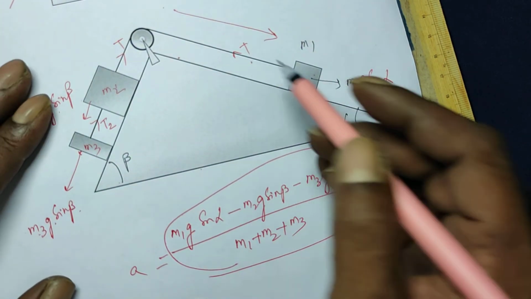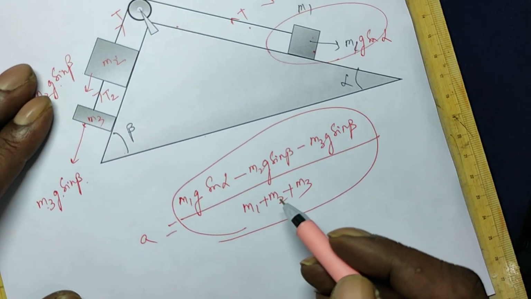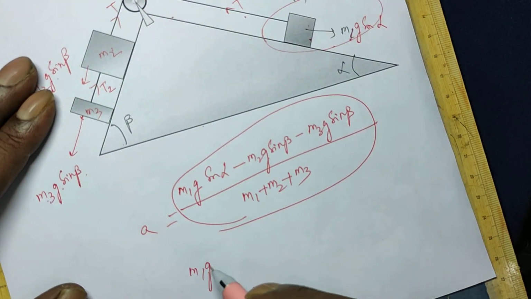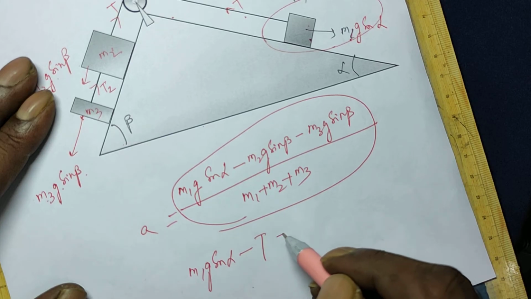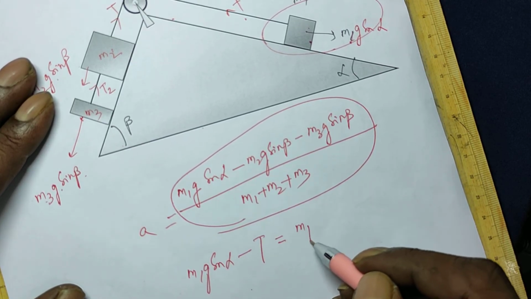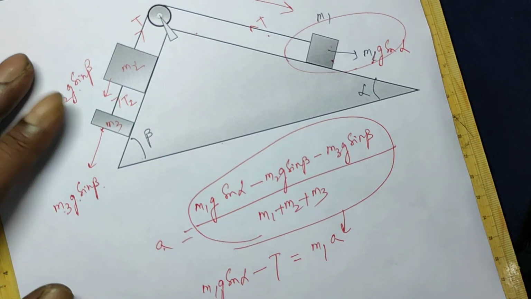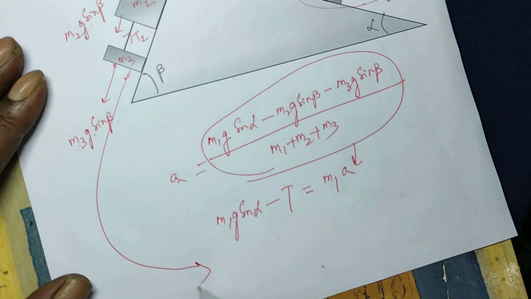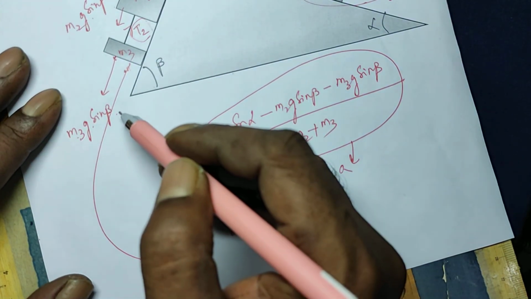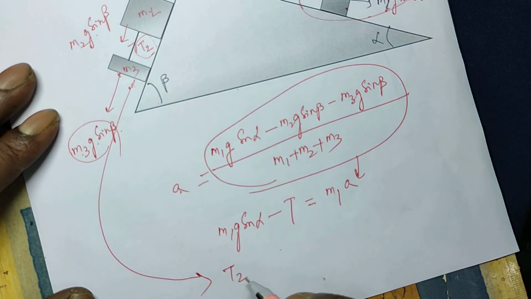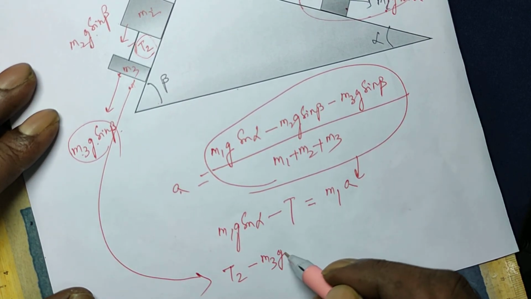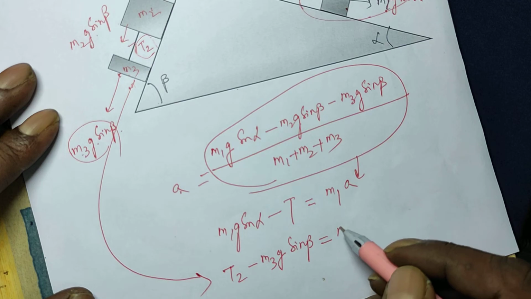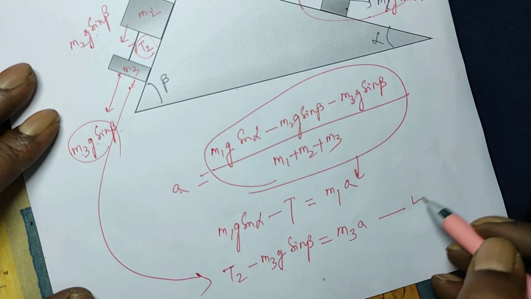Now to find the tension here, you have to use the equation for this. Supposing this is coming down, so you write m1g sine alpha minus T equals m1 times a, this a. Now for this, since this is going up, T2 will be more than this, so you write T2 minus m3g sine beta will be the net force on this, so it will be equal to m3 times a, same a.